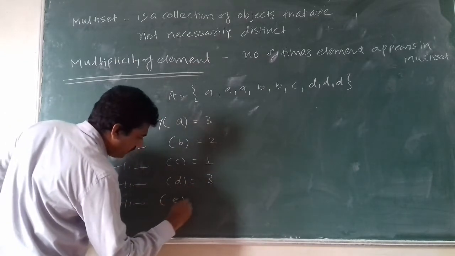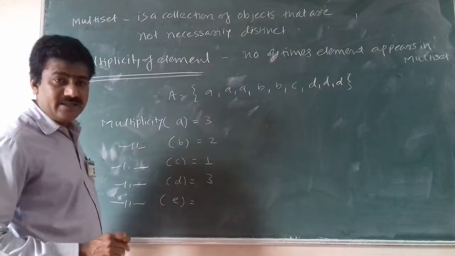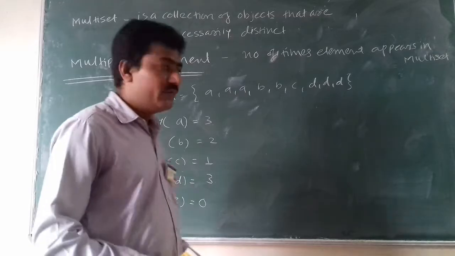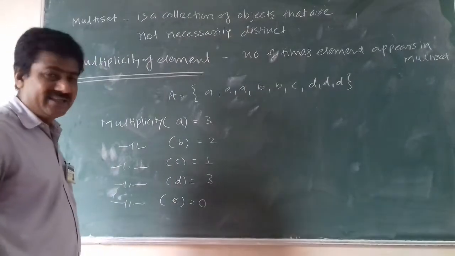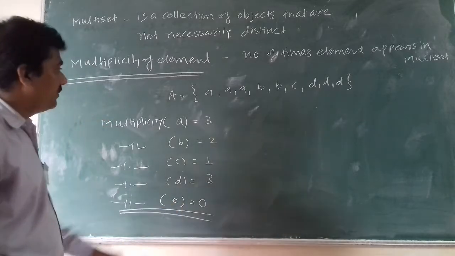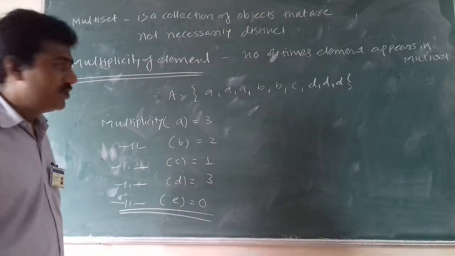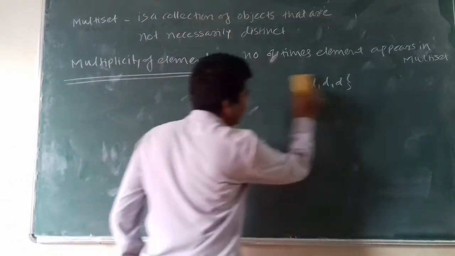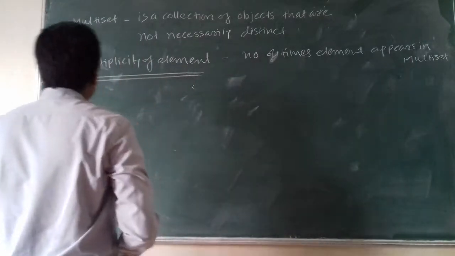If the question is the multiplicity of P in this given multiset, it is 0. If no element occurs, then the multiplicity of that element is 0. So this is the multiplicity of an element in a multiset.